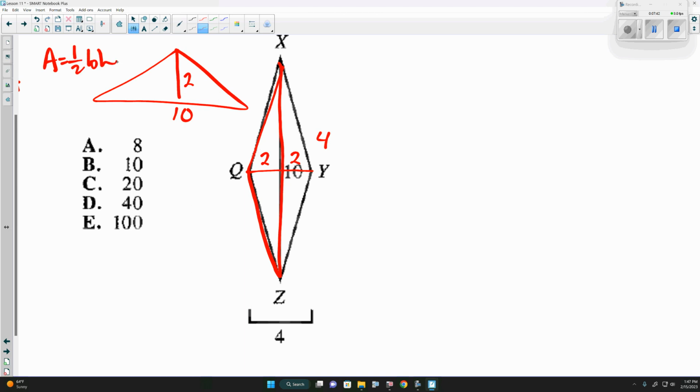This one here we had to break apart. Area is equal to 1/2 the base times the height. 1/2 of 2 times 10. What's half of 2? Times 10 is 10. So the area of one of these triangles is 10. Yep, it is C.